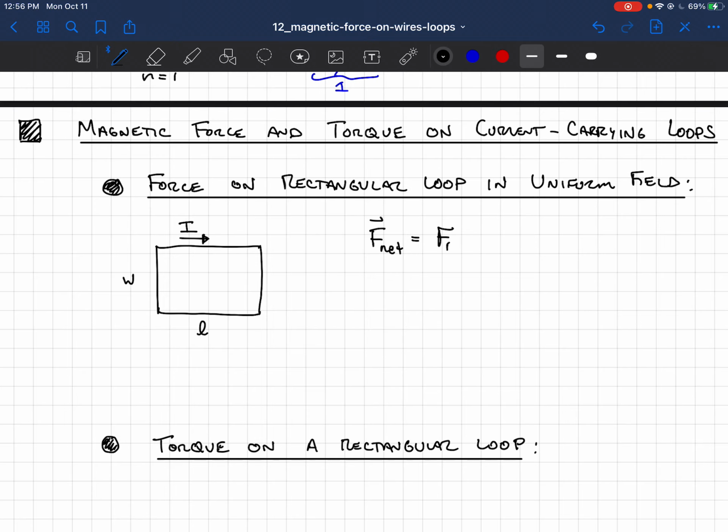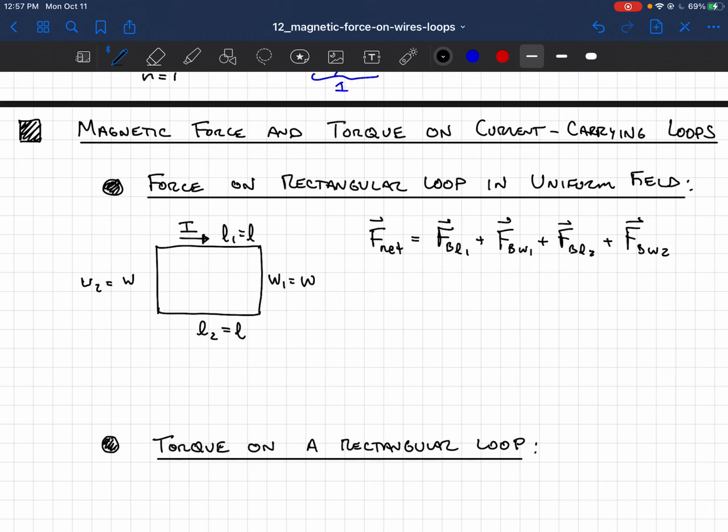So the net force is equal to FB L1 plus FB W1 plus FB L2 plus FB W2. And what do I mean by that? Well, let's say that this is L2, and this is L1, and this is W1, and this is W2. So it's a rectangle, so L1 is equal to L2.